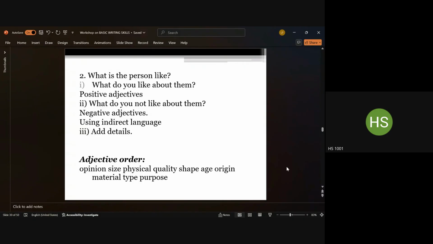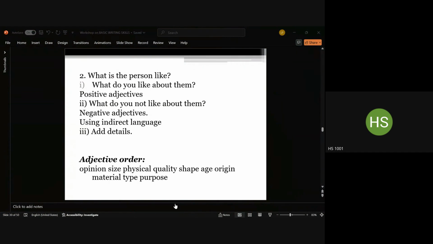So just to demonstrate, let's do a quick activity. You don't have to go to the files there. I'm just going to give you a few words here in the chat. Tell me how you're going to organize this in the right order. Okay.